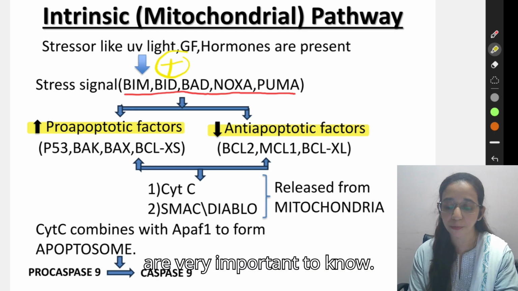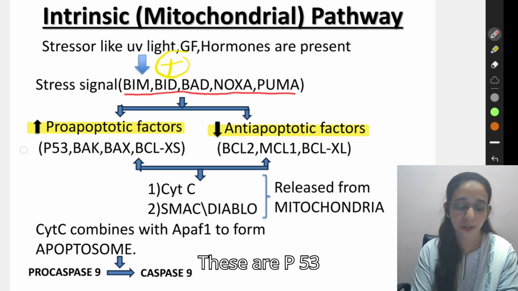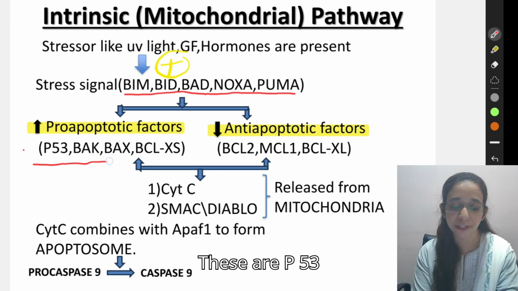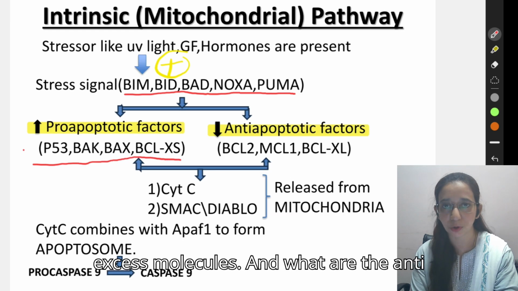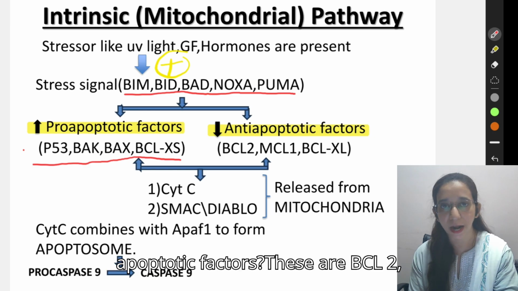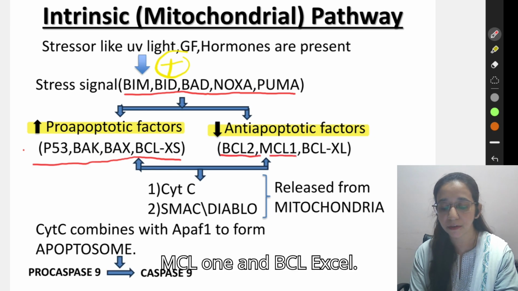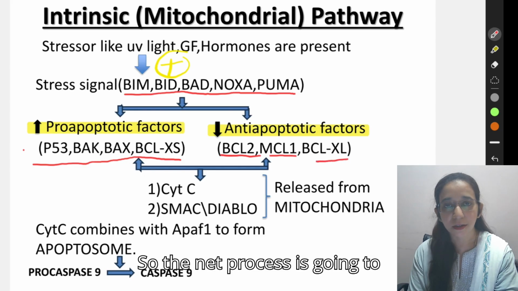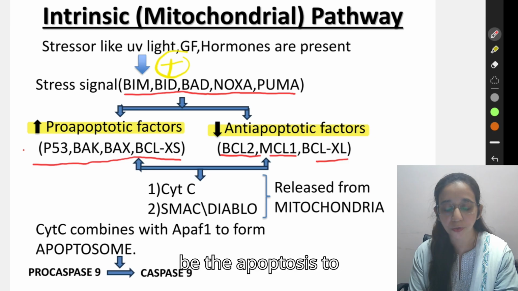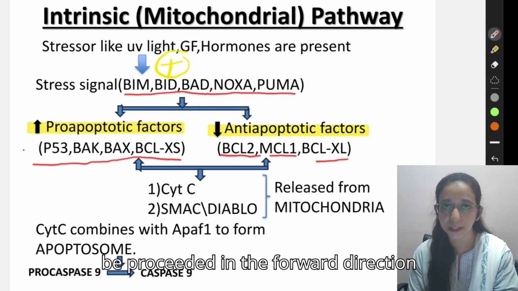These are very important to know. These are P53, BAX and Bcl-xL molecules. And what are the anti-apoptotic factors? These are Bcl2, MCL1 and Bcl-xL. So the net process is going to be that apoptosis proceeds in the forward direction.